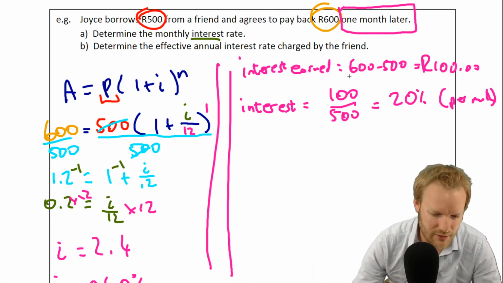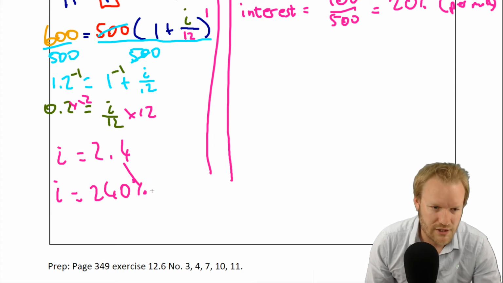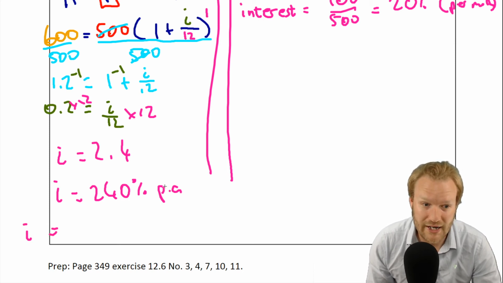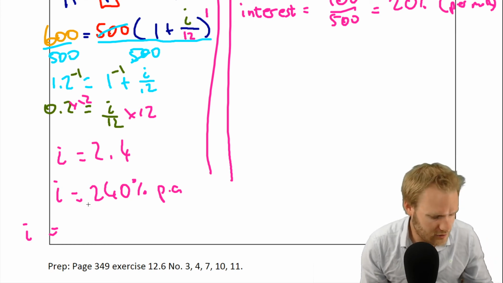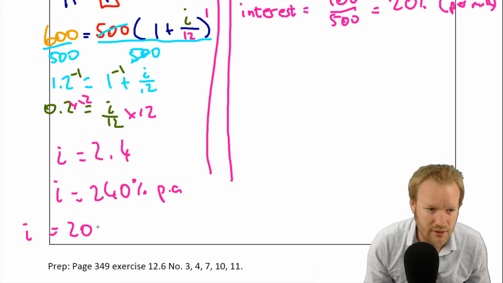It does say 20% per month. This 240 was per annum. So we just have to change this, well, that's per annum, so our last bit would actually have been to divide this by 12. So 240 divided by 12 gives us 20% per month.